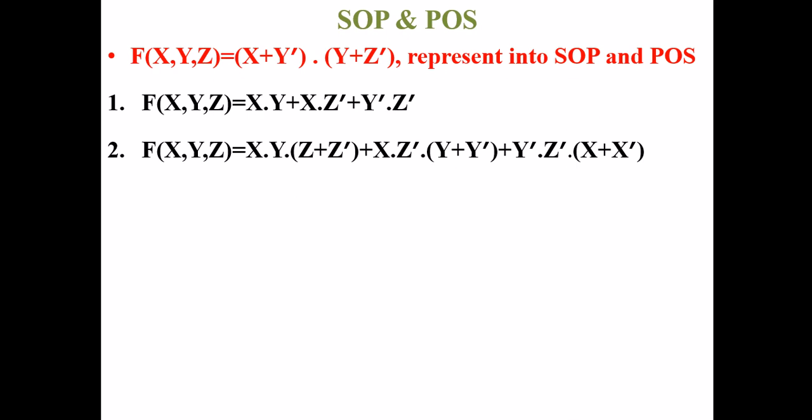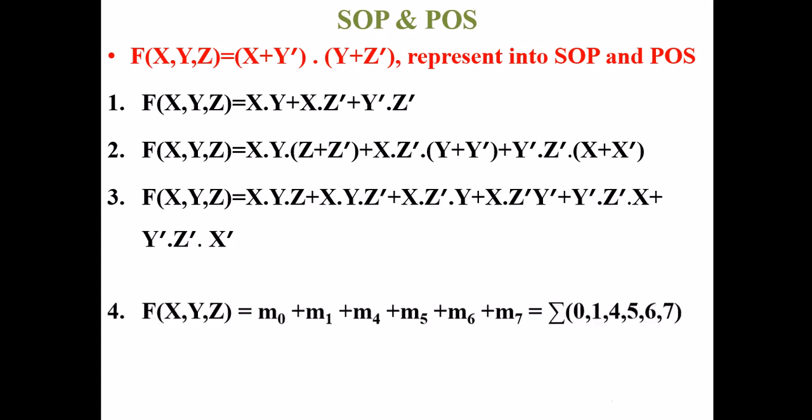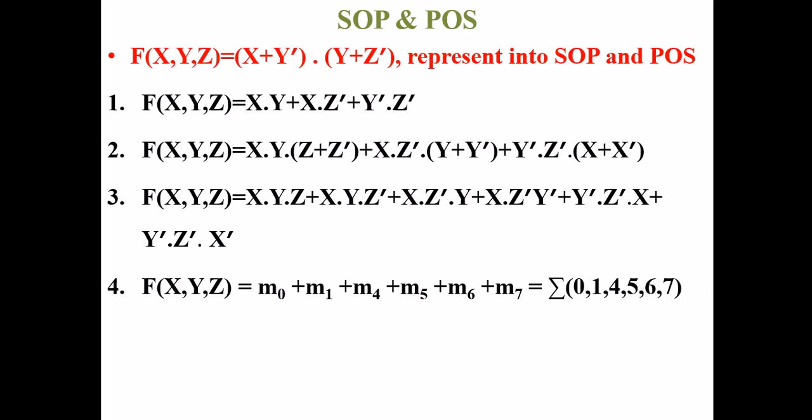In the next step you will look for missing variables. For xy, z is missing, for xz complement, y is missing, for y complement z complement, x is missing. So you will place z plus z complement here, y plus y complement here and x plus x complement here. Now multiply them, you will get the minterms 0, 1, 4, 5, 6 and 7.